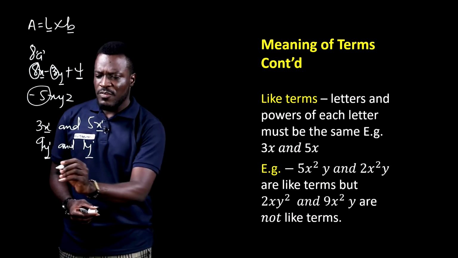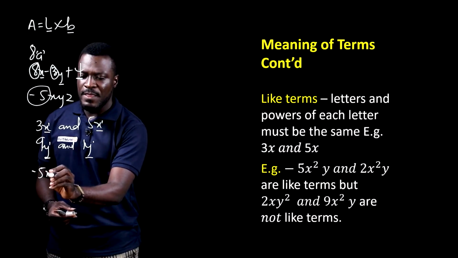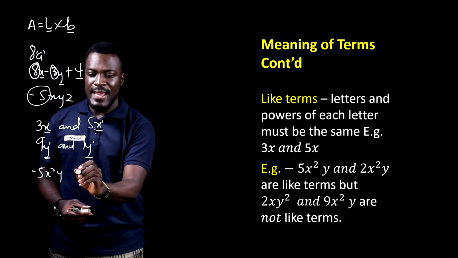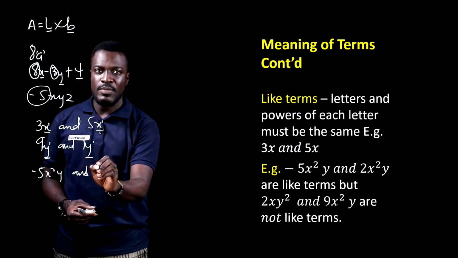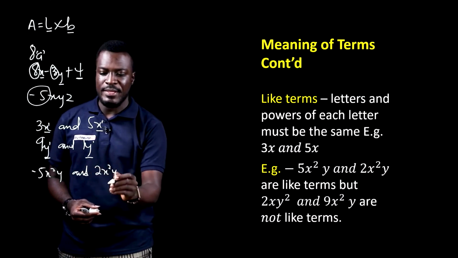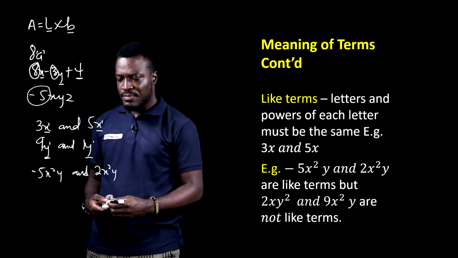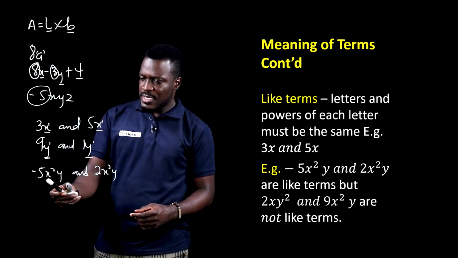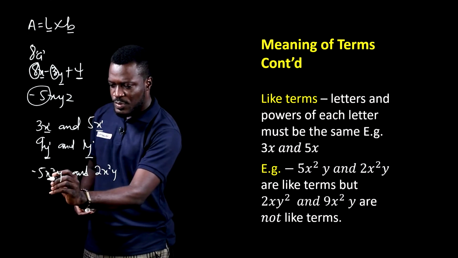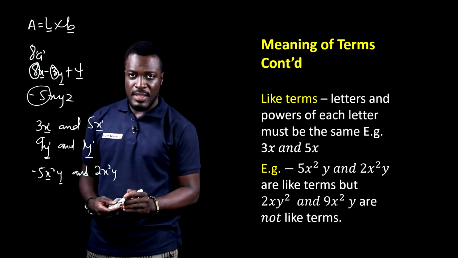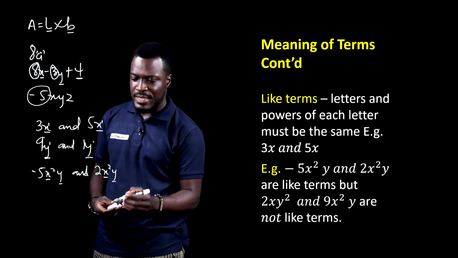And then if you have negative 5x squared y and 2x squared y, are they like terms? Now let's see. This has the variables x and y. And this one also has x and y.